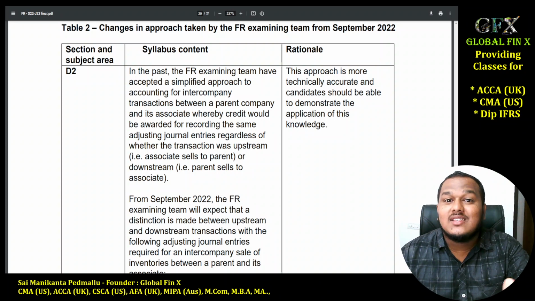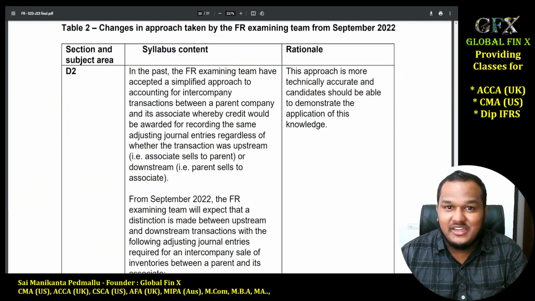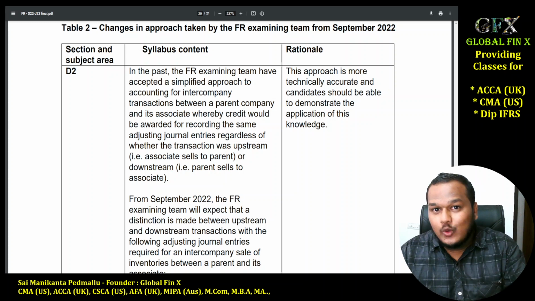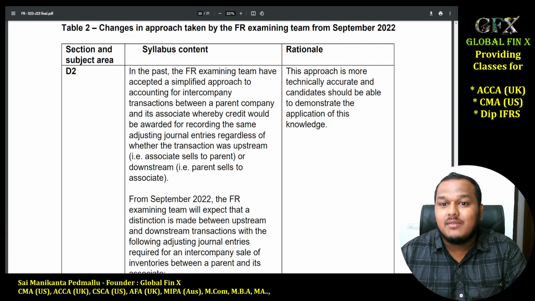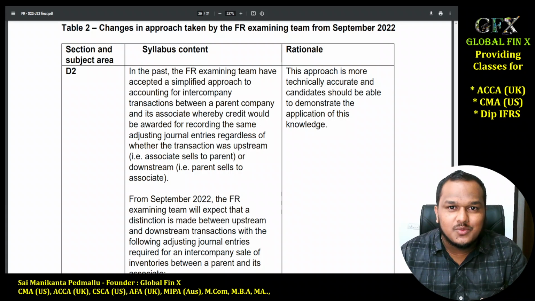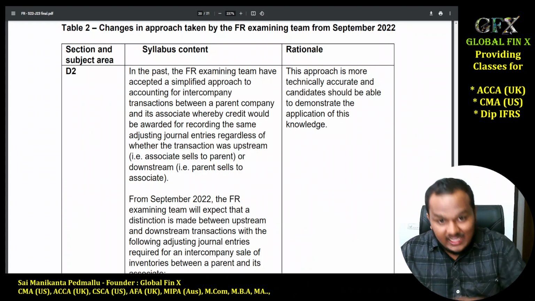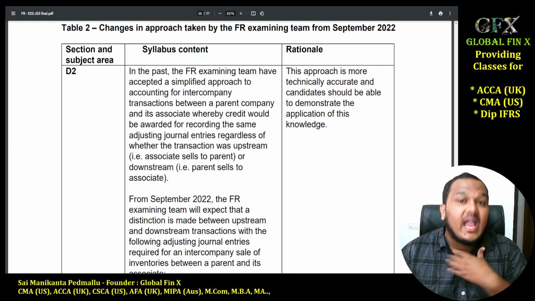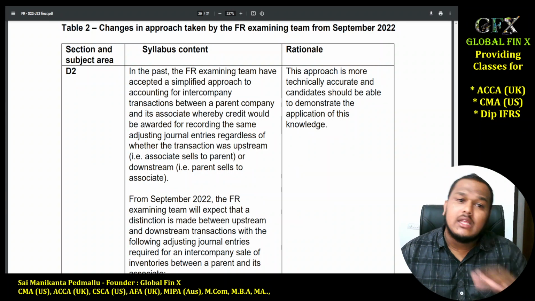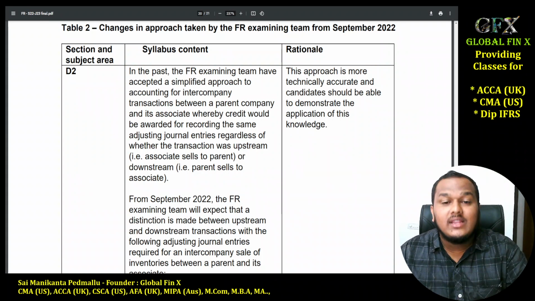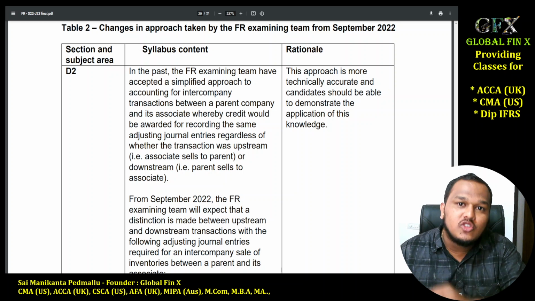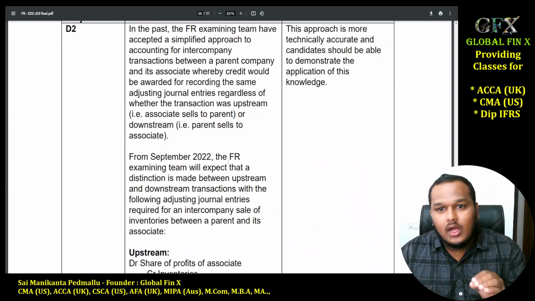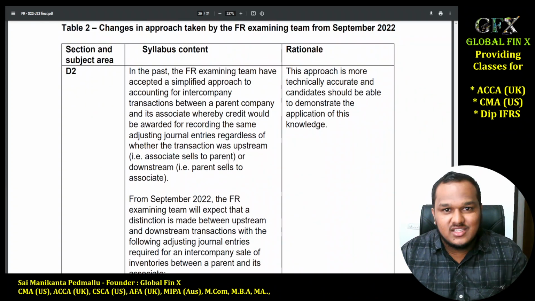Your textbooks gave the same adjustment entry for both, because they do not want to confuse the students more. But even though it is given in your textbook, I told my students it is wrongly given to simplify it for you, but the actual treatment is different. So now they are going to change this.